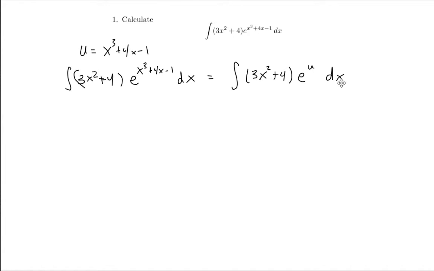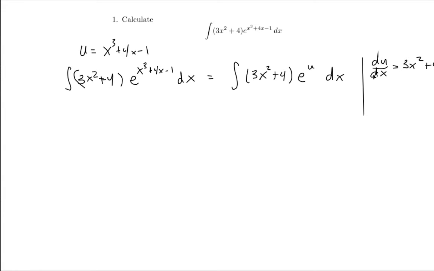So what we're going to do is try to replace this dx by du and see what happens. So we go off to the side here, and one way to get rid of this dx is to imagine that we take the derivative with respect to x of u, and that gives us 3x squared plus 4.